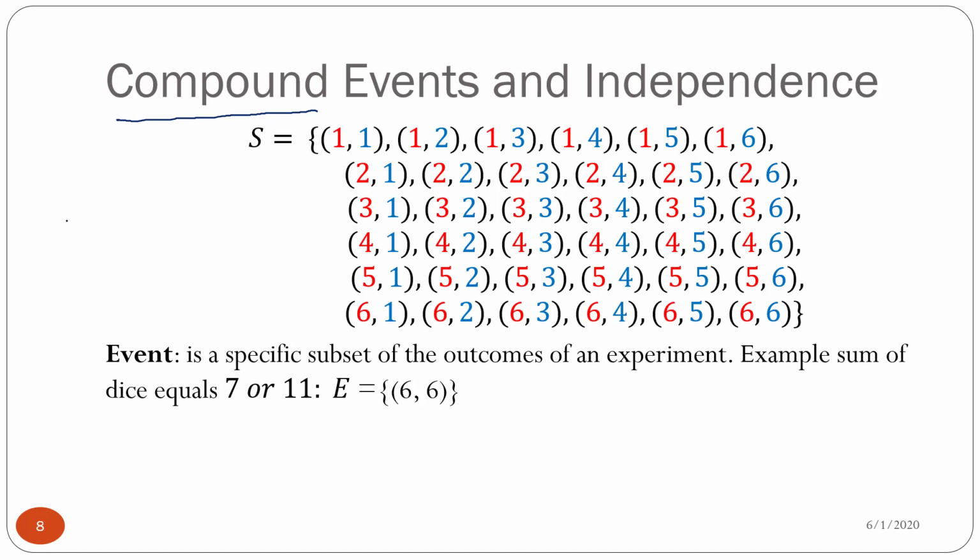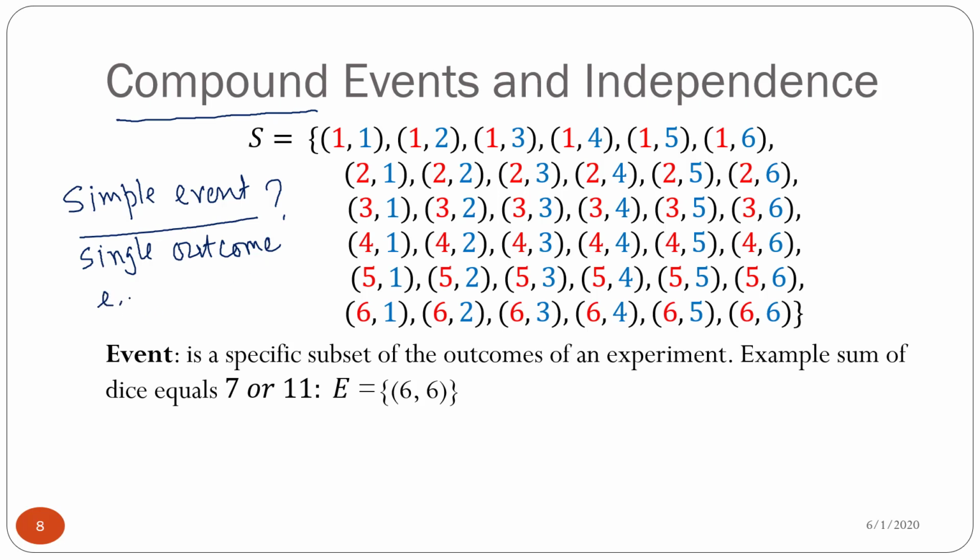But when you have a compound event, I should also tell you about a simple event. When you understand a simple event, then understanding a compound event would be easier. Now in a simple event, we have a single outcome.